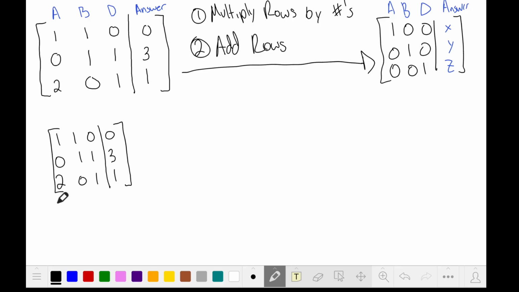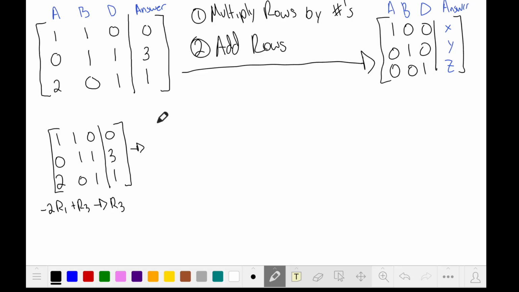So what I'm going to do is multiply row number 1 by minus 2 so that when I add the rows together, they cancel out. So I'm going to have minus 2 times row 1 plus row 3 becomes my new row 3.